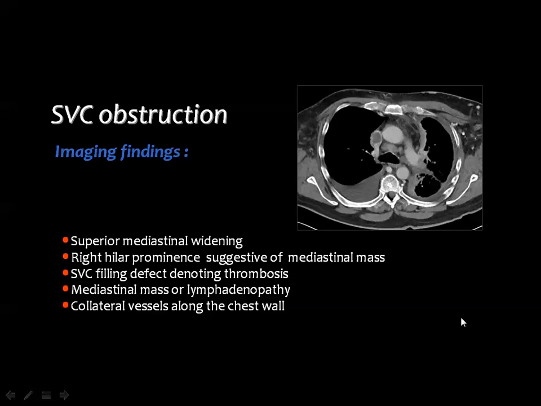If you have the cross-sectional imaging techniques, you can see a filling defect within the superior vena cava, like this one. You may also identify the mass, which is responsible for obstruction, and meanwhile, you can see multiple dilated collateral vessels in the chest wall secondary to this obstruction.